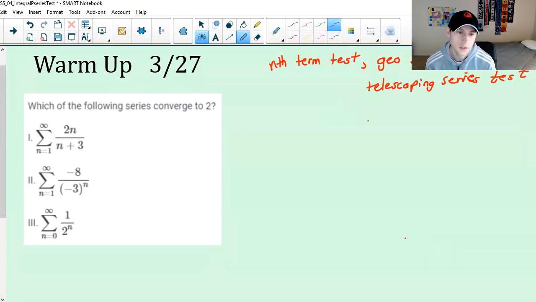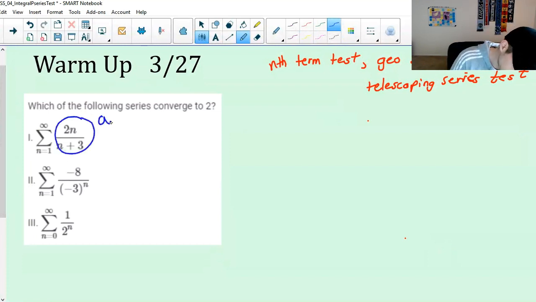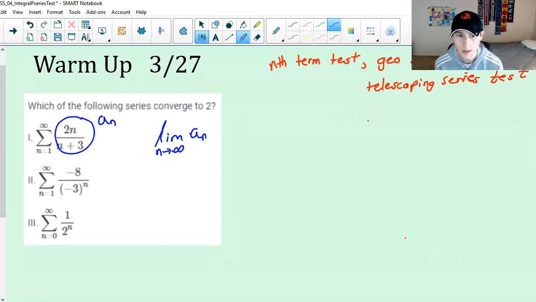So which of these converges to 2? For my first, the 2n over n plus 3, I'm going to first try my nth term test. So this is a_n. I'm going to look at the limit as n goes to infinity of a_n.